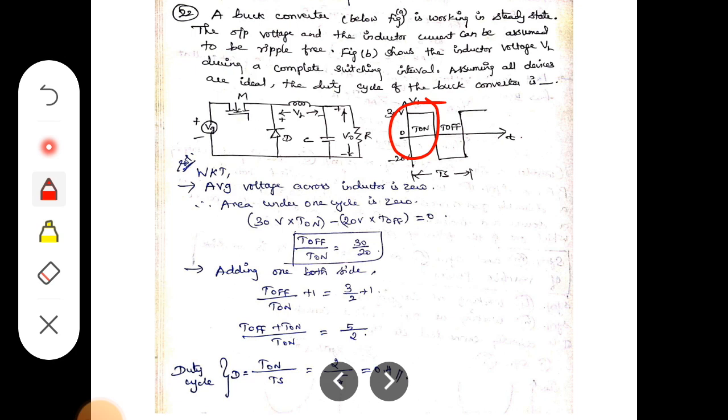So 30 divided by 20. Then we add 1 for the duty cycle purpose. So T off by T on plus 1 is equal to 3 by 2 plus 1. Taking the common LCM, T off plus T on divided by T on is equal to 5 by 2.